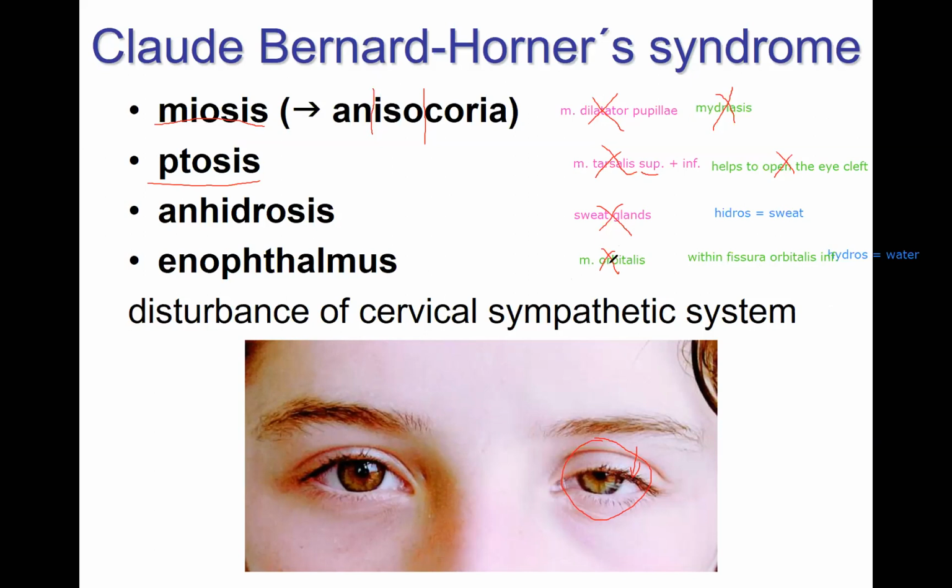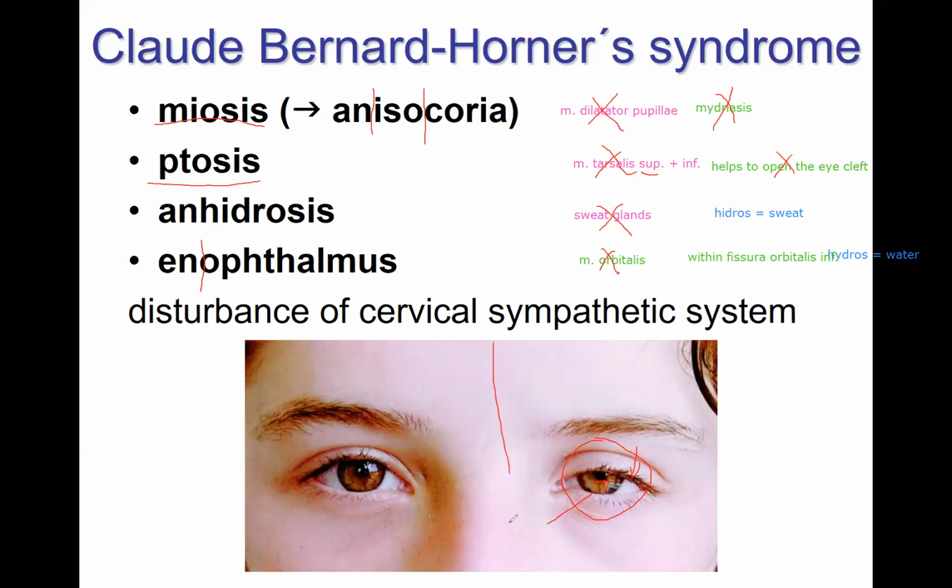And if this muscle does not work, then really the eye is in, like enophthalmos. We can have an opposite, exophthalmos, in some other diseases, but in this case enophthalmos. So you can see that the eye is a bit moved backwards, or inside the orbit. That's enophthalmos.